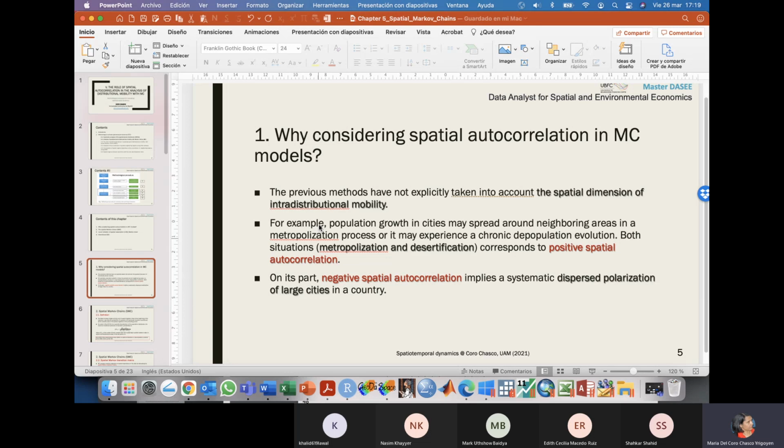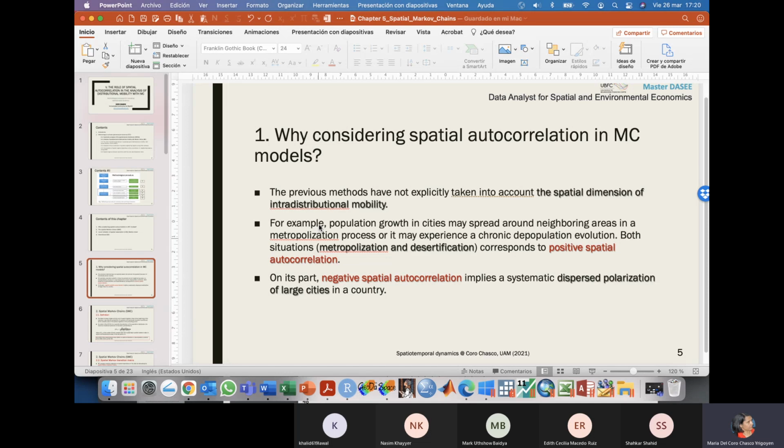Both situations would correspond to positive spatial autocorrelation, because high is surrounded by high, and low surrounded by low. It's like going in a direction, up or down, but they go together. Not only one city, but its neighbors can grow, or on the contrary, lose population.